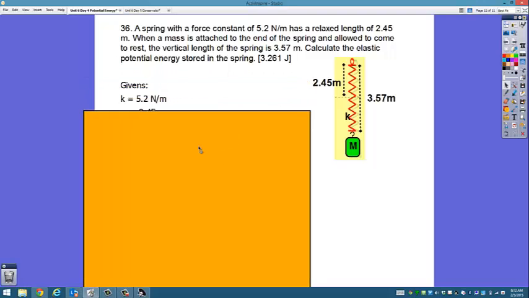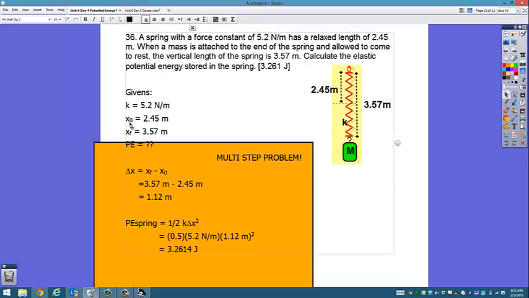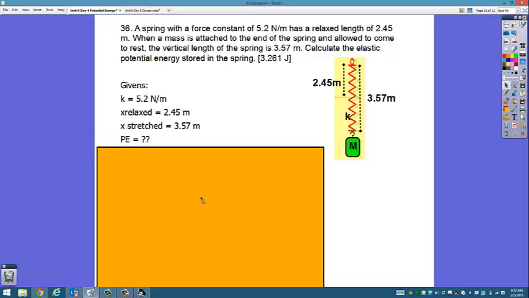So if you write down your givens, you have a K of 5.2 Newton meters, and then you have an x relaxed value, and then you have an x stretched value. So you have two different distances. Okay. You're looking for the potential energy.